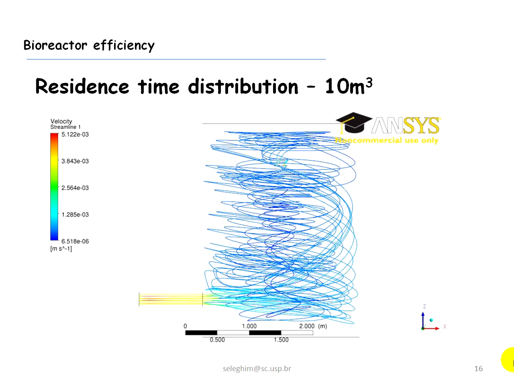Okay, so the flow swirls around this central tube here, and you can see the flow lines, and you can imagine that associated to these flow lines, you have residence time distribution, which I'm going to show you in a few slides.